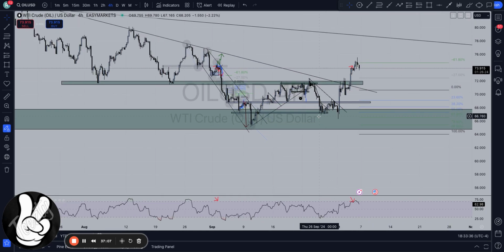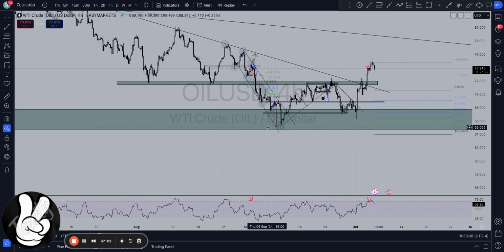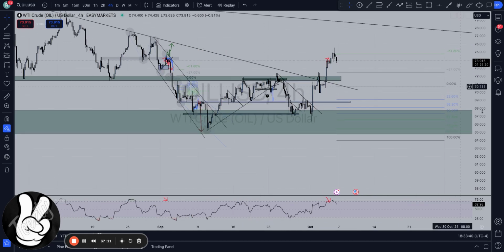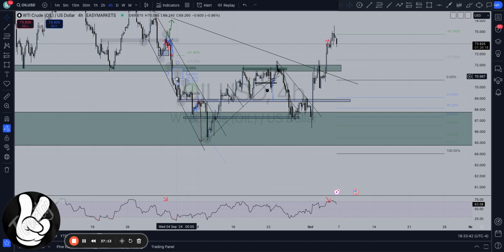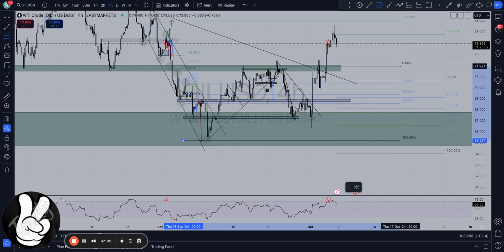On the 4 hour time frame, we have an impulse move up, we have this correction, we have this continuation. Let me see if this fib structure has played out yet. $38.2.